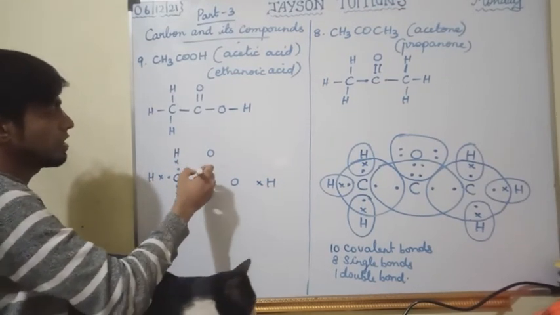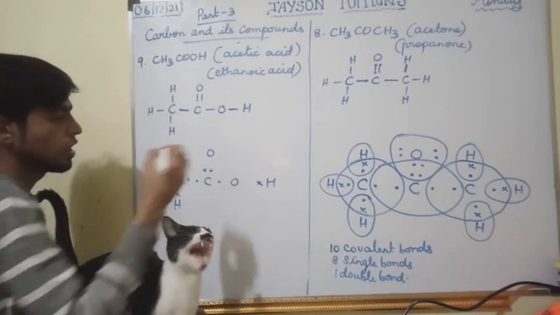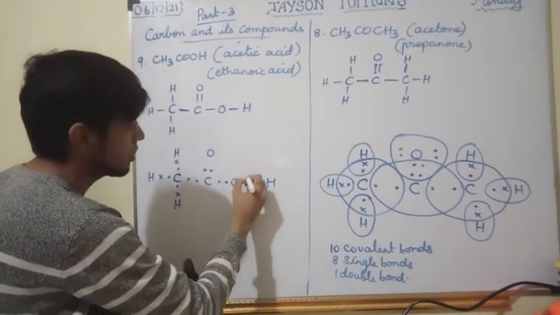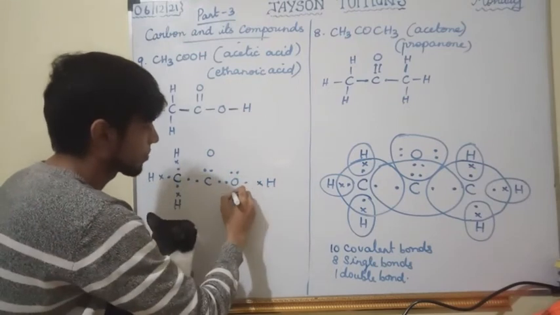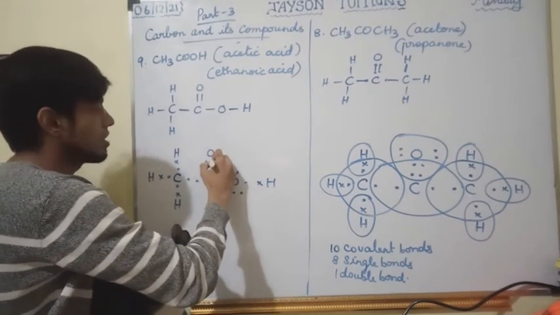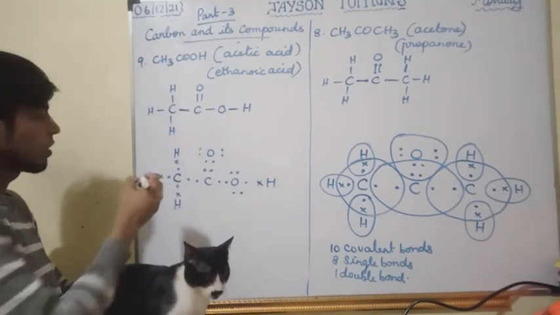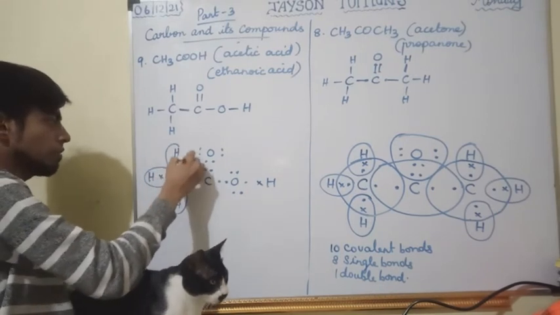Okay, for this carbon also you have to keep 4 dots, but how you will keep this 4 dots? 2 dots on the top. Okay, and for this oxygen 1 2 3 4 5 6 like this.